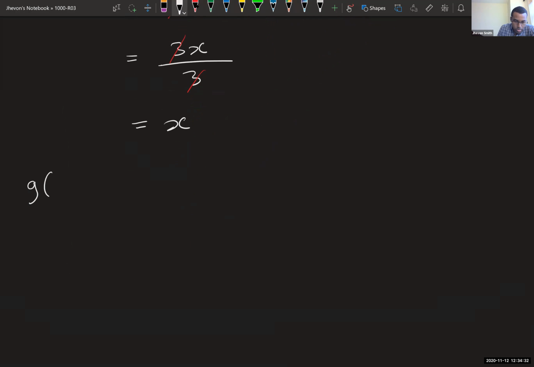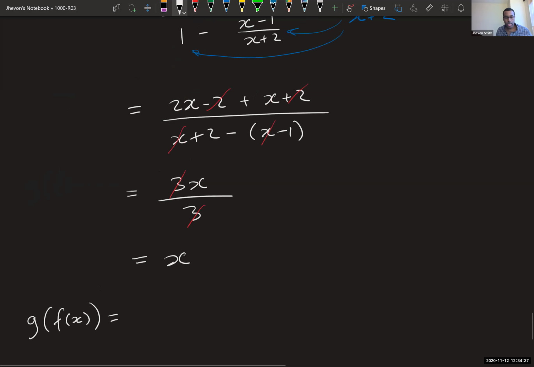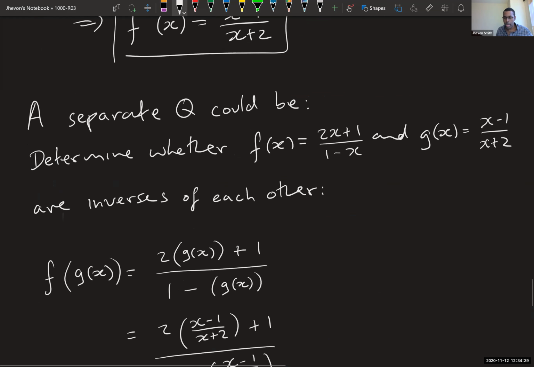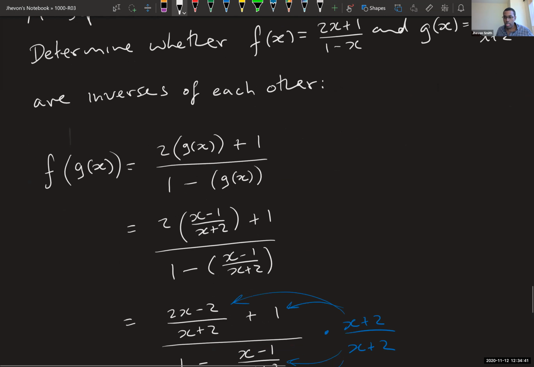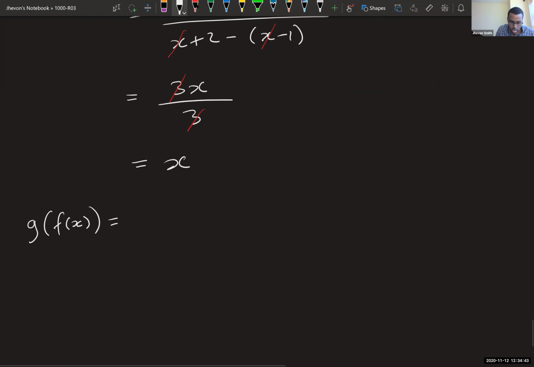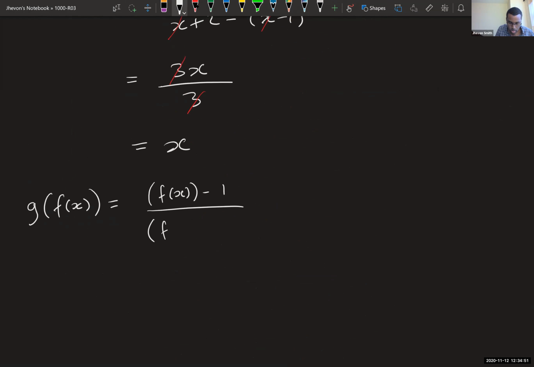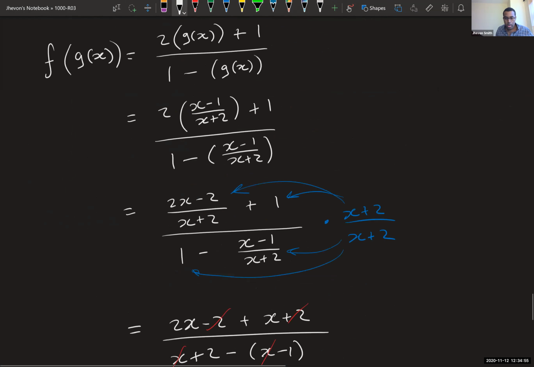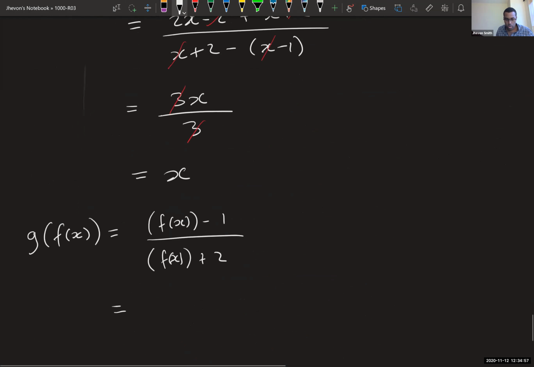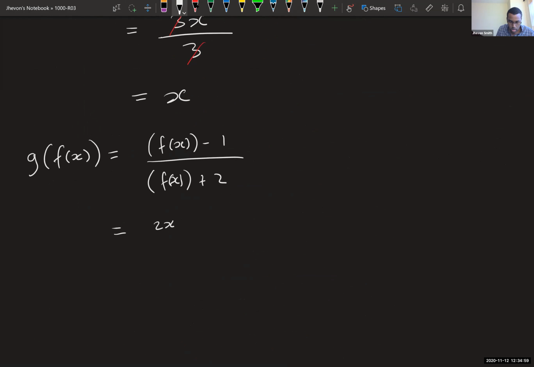Then I would go and find g of f of x. Right, so I get x in the first one, which is good, but I have to make sure I get x in the second one. So g, this is f of x minus 1 over f of x plus 2. And my f of x was (2x plus 1) over (1 minus x).